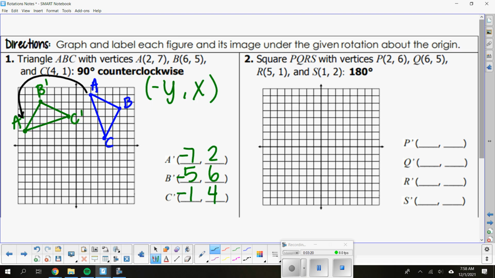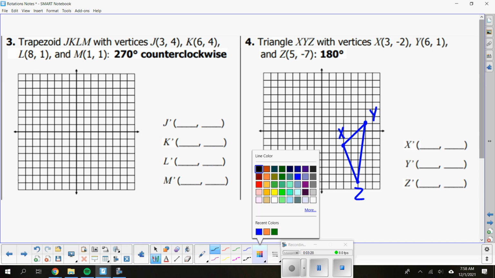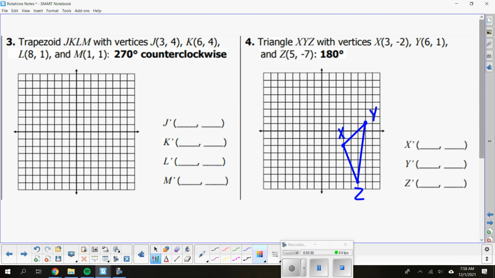All right, let's look at number 4. So again, you might want to go ahead and pause the video and plot that original triangle. All right, it wants us to do a 180-degree rotation. So that says to just change your signs of x and y. Keep them in the same position, but change their signs. I'm going to want -3, +2.